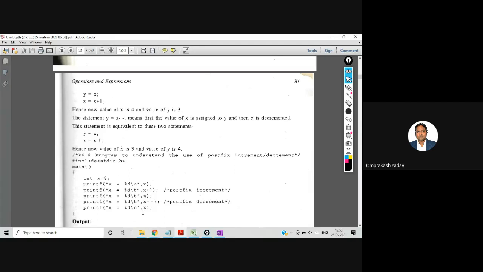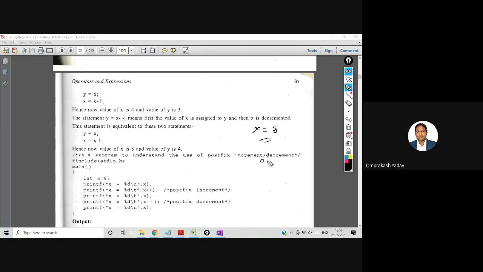So let's see this example. In this particular example, we have to write the output of this program. Now the first line is int x is equal to 8, so x is equal to 8 will be assigned. Now see the second line: printf x is equal to %d slash n, x.